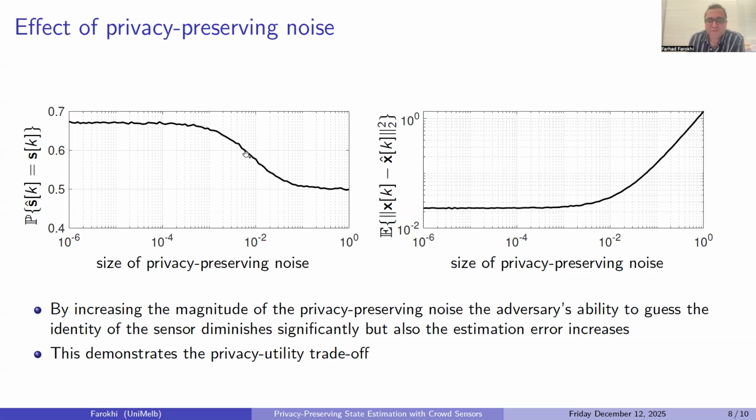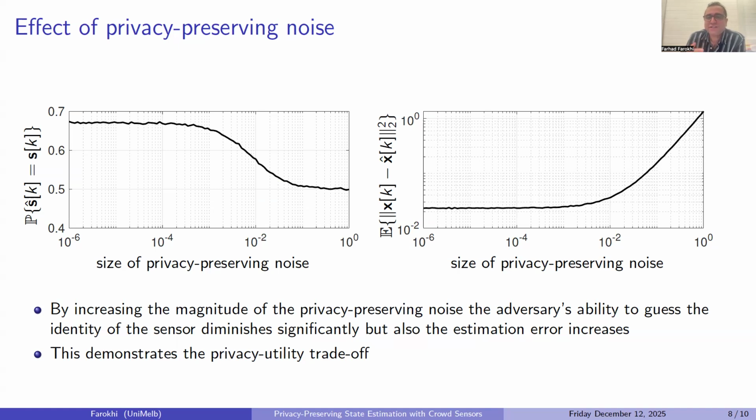And also the error is really dropping rapidly around that 10 to the power of minus 2 variance. So you can see that there is this nice, tight relationship between your ability to distinguish the sensors used and also the estimation accuracy of the adversary, estimation accuracy of our state. So this shows you the privacy utility trade-off.